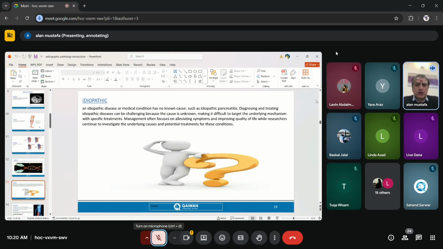It doesn't mean that there is no cause for the problem. There must be a cause, but we still don't know them. We have not discovered them. So this is idiopathic. So just remember the image. When we say idiopathic, it means that we don't know yet.